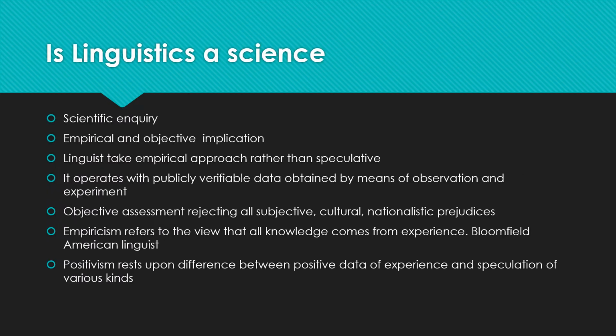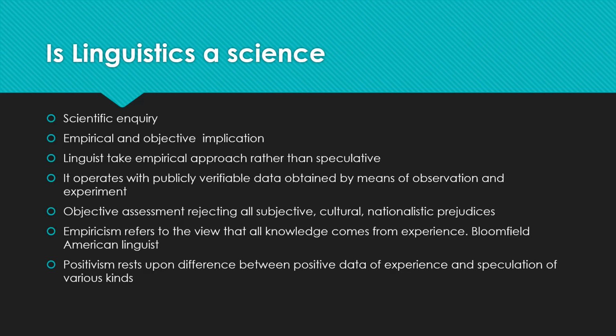Moving on, the next topic is: is linguistics a science? So the first argument would be linguistics is a science because it has scientific inquiry. A linguist does a scientific inquiry into the languages. Empirical and objective implication is applied.